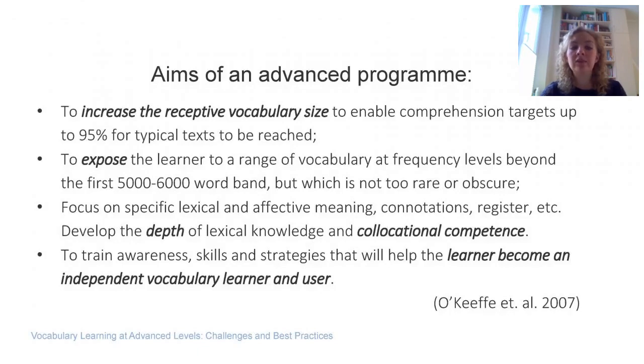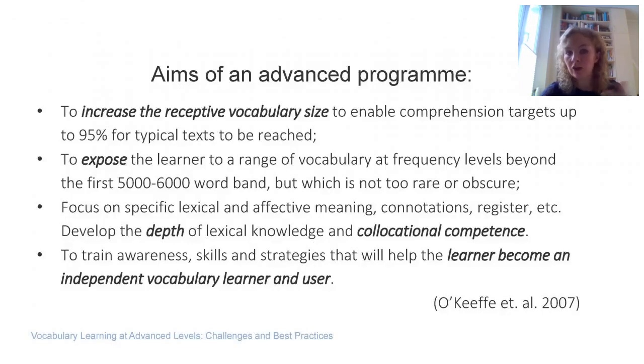Then focus on specific lexical and effective meaning, connotations, register, and develop the depth of lexical knowledge and collocational competence. This example with naive I just gave you, this is also an example of developing the depth of lexical knowledge. So you don't just know that naive is naive in Russian, but you also know how to use it most naturally in your language.